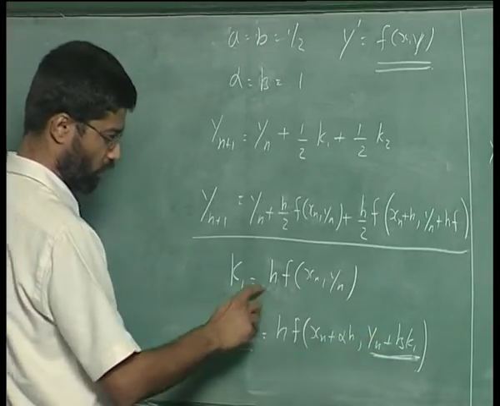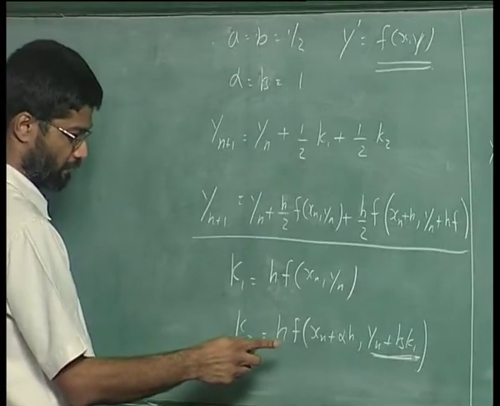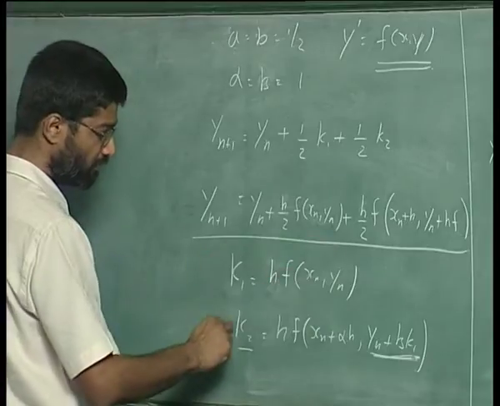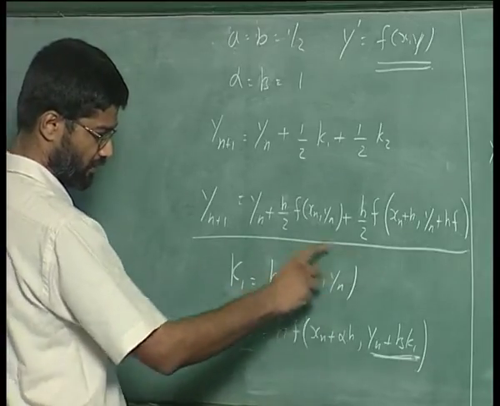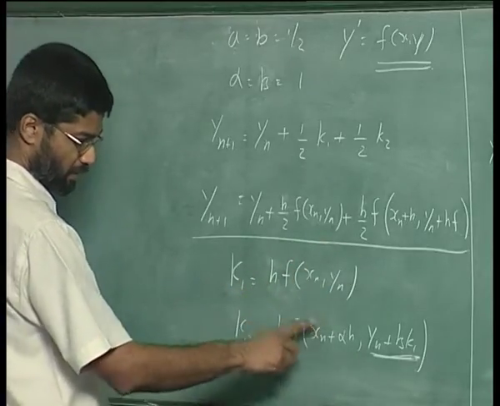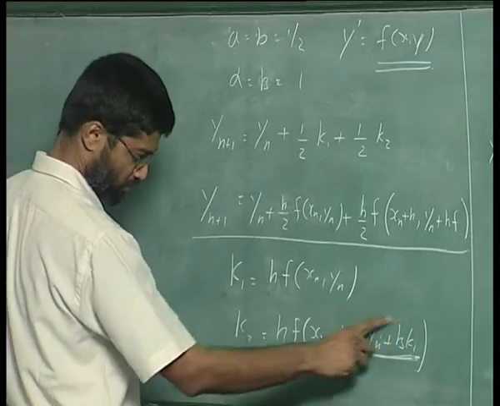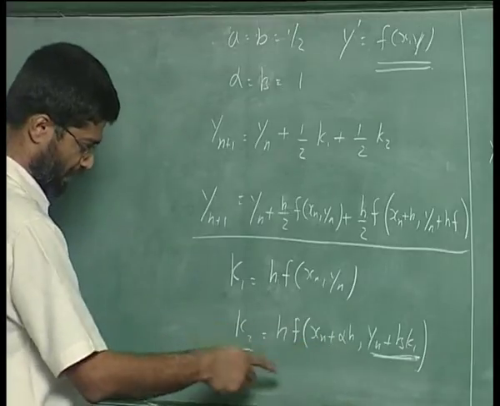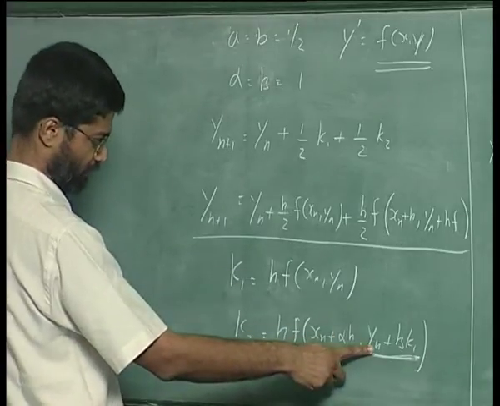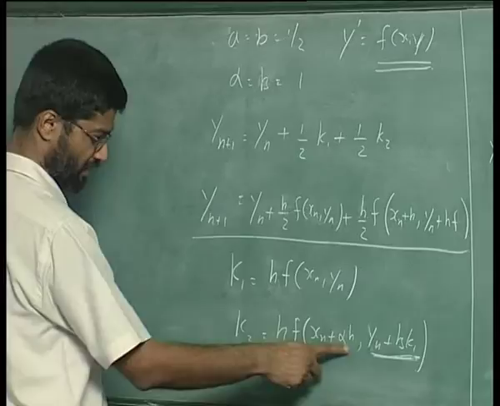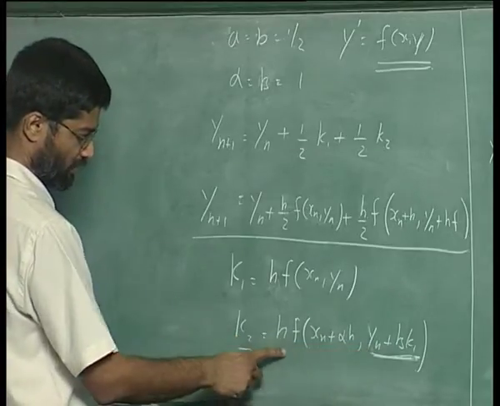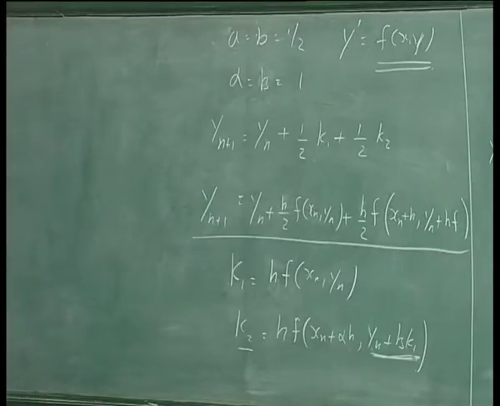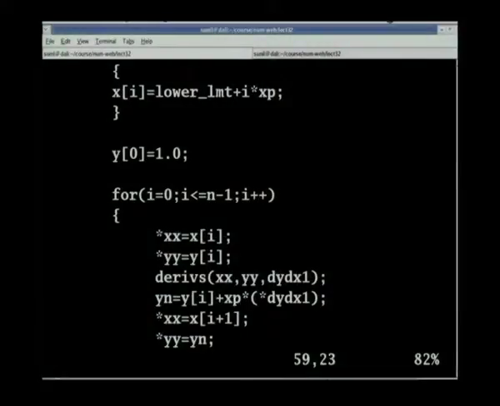First I make a call to the derivative program, which would return this function value, and then I multiply that by h and add it to this one; beta is 1, remember. So, that I get this, and then I make a call again to that program with this y value and this x value, and that will return to me k 2. Then I substitute both back here and I get the y n plus 1. So, that is what I am doing here.